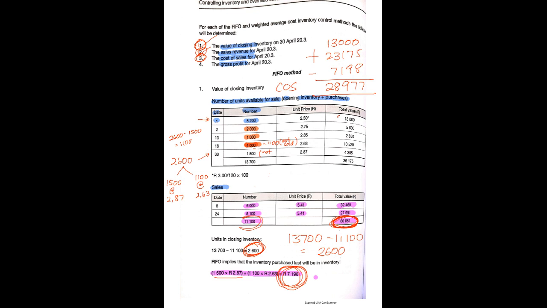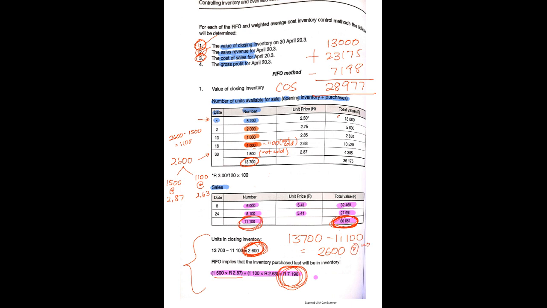An alternate method to calculating your cost of sales would be a longer way, but if you feel more comfortable with doing it this way, that's perfectly fine as well. Remember we said that at the bottom here, 2,600 units were not sold because this was a total available to sell. This is how much we did sell, 11,100. So 2,600 units were not sold.